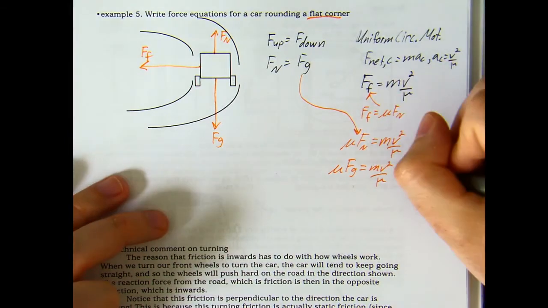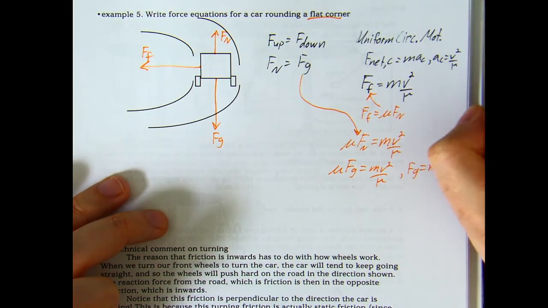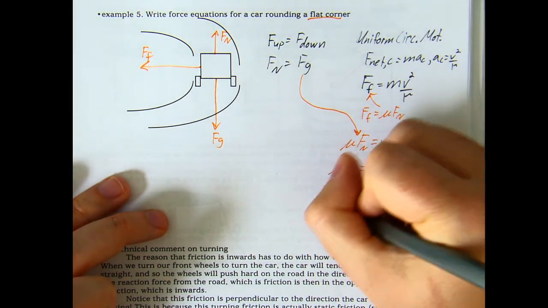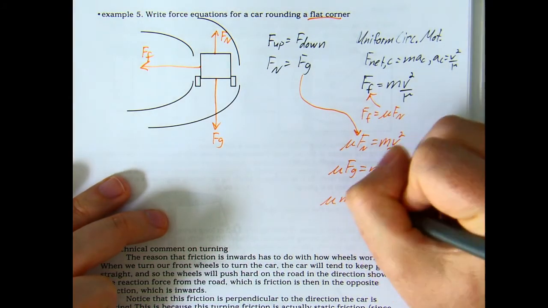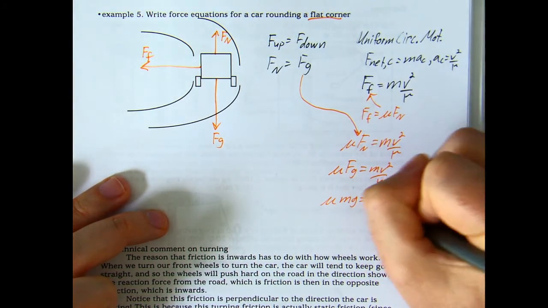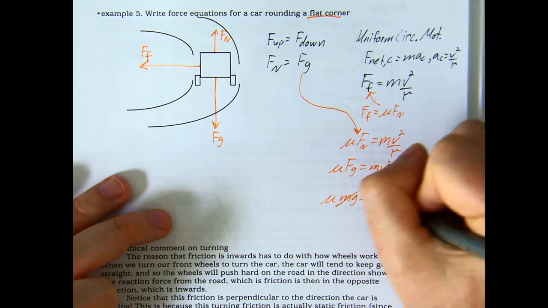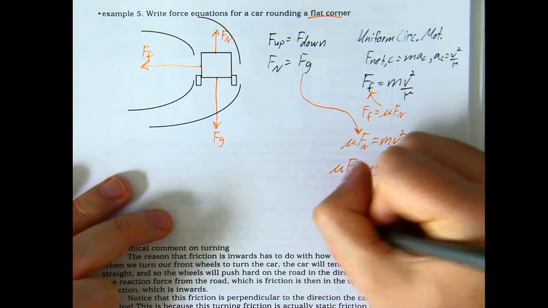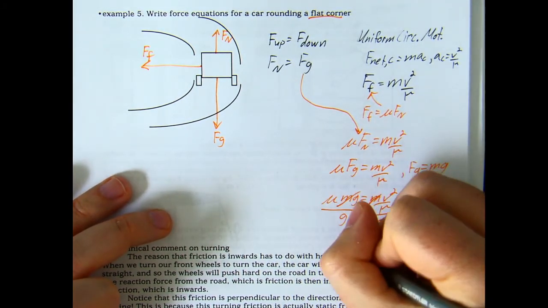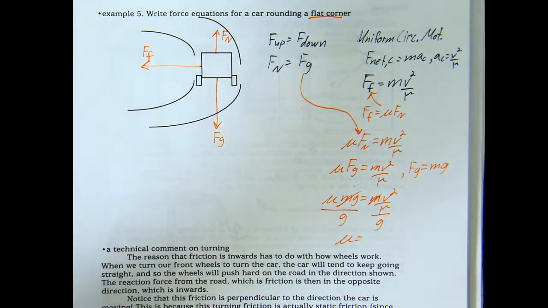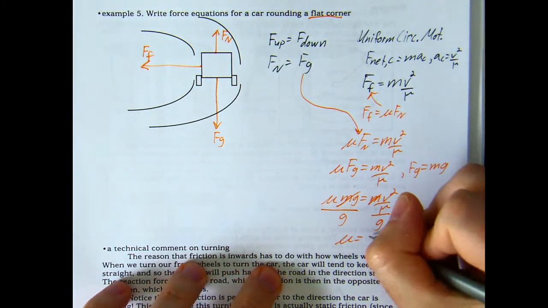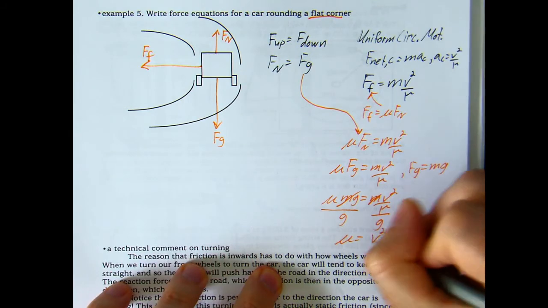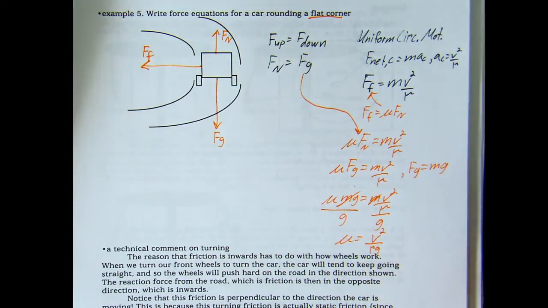Well, we know that Fg on Earth equals mg, so I'm going to get mu mg equals mv squared over r. Our m's can cancel. We divide by g, and we're going to get that the coefficient of friction between the tires and the road surface is equal to v squared over rg, which is an interesting result.